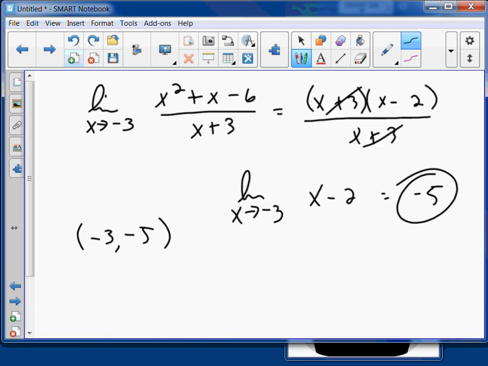Because the x plus 3 is a removable discontinuity. Remember when it cancels off, it's a hole, right? In rational functions, not with all functions, but with rational functions, that's a hole. So there's a hole at -3, -5 in that graph. So you've got to keep in mind what we're finding. All right, so let's try another one.